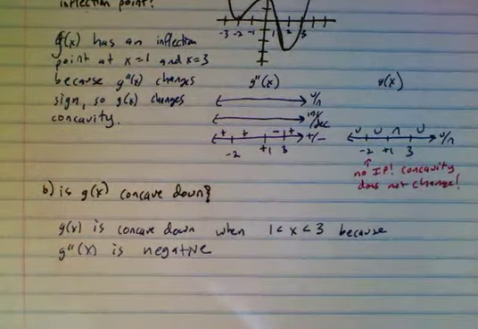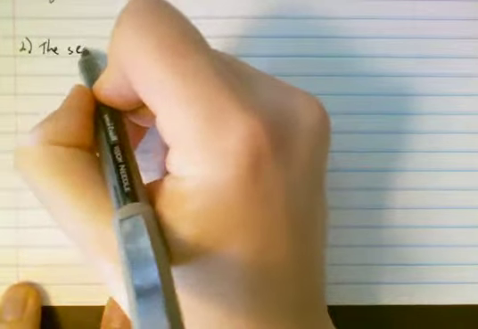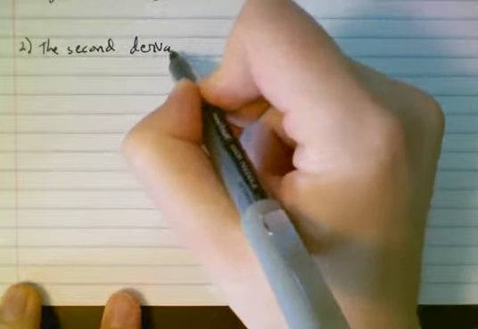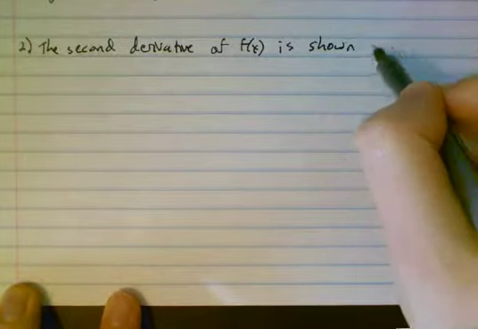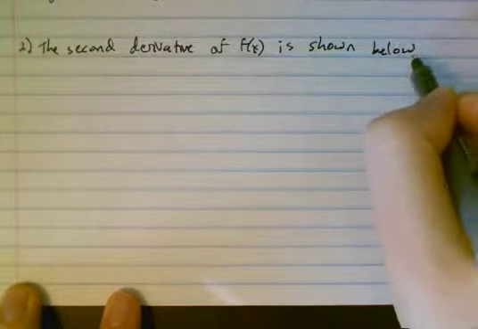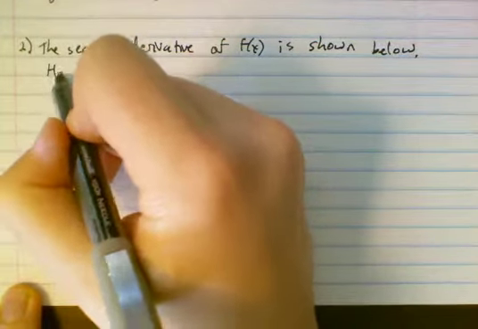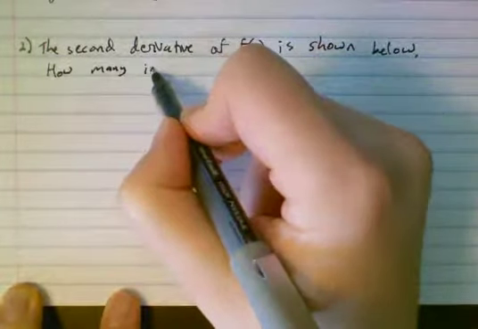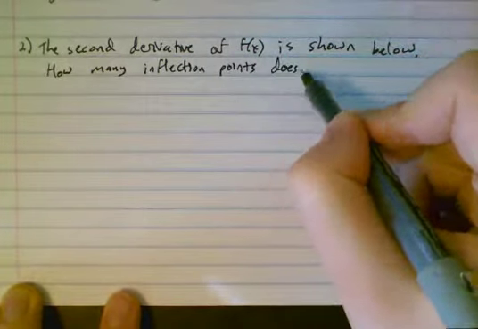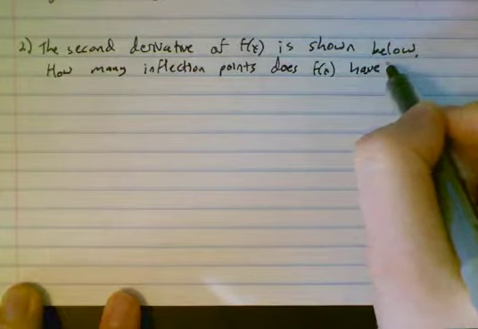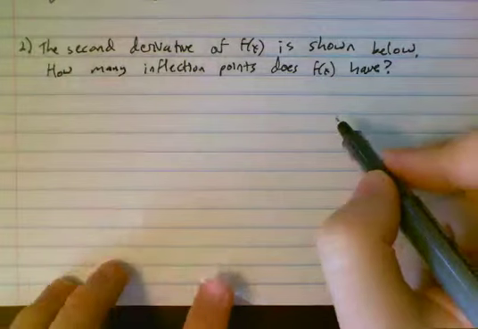There are also other ways that this kind of question can be asked without numbers necessarily. So let's say right here, okay, so second derivative, f double prime of x.